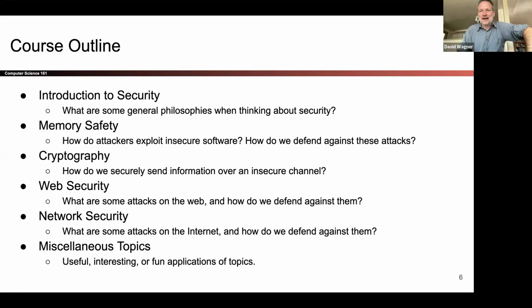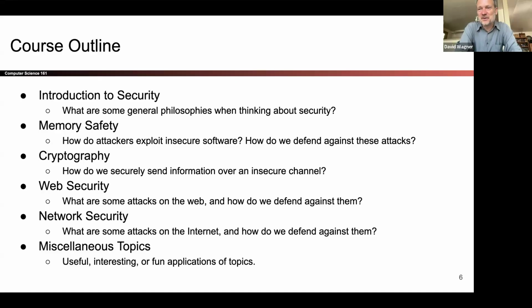And along the way, you get to learn some non-security stuff. One of the things I find fun about this class is that we get to teach you a super fast speed run through a few topics. A little bit about how computers work at the architectural level, a little bit about how the web works, and a little bit about how the internet works.